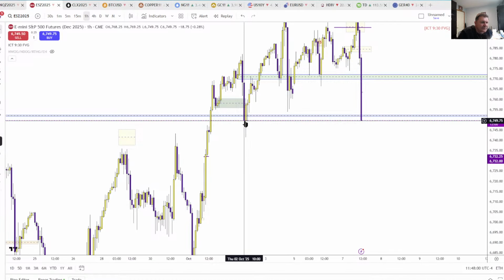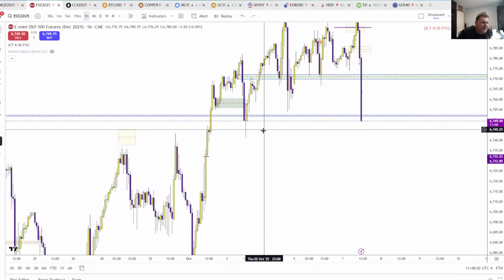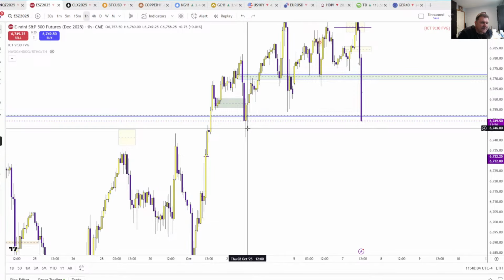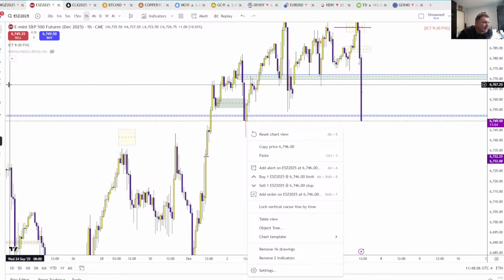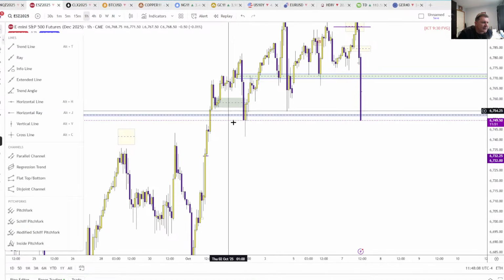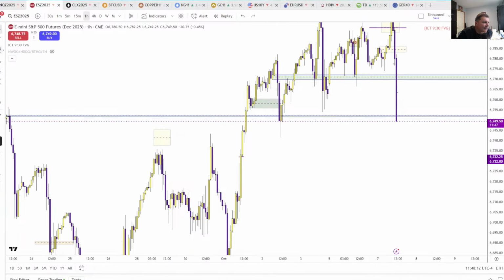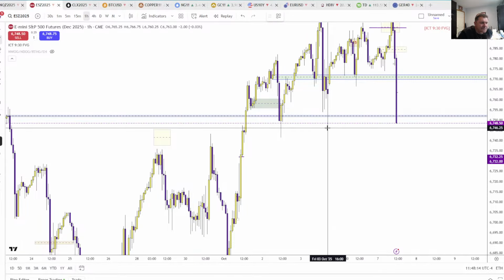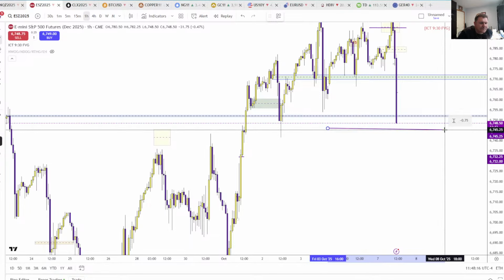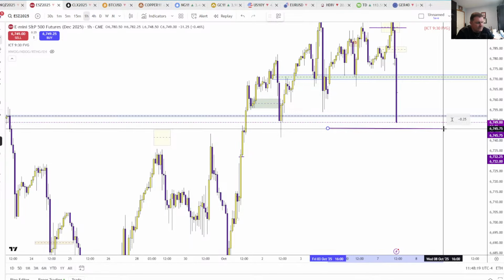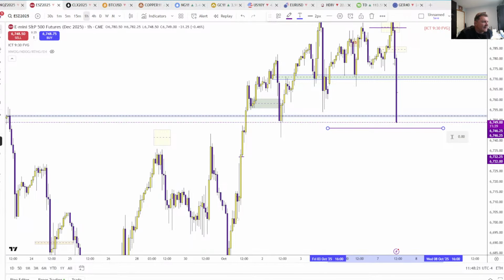Rejection block at 67.49. Then look for 67.46. That's your next objective here at 67.46. Then I'm looking down here.